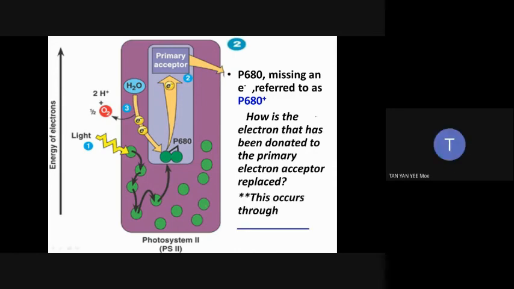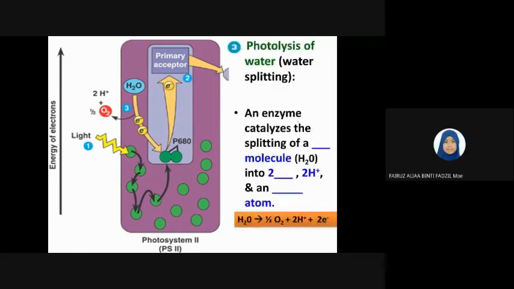Okay, how is the electron that has been transferred to the primary electron acceptor replaced? Photolysis of water, correct? So in photolysis of water, an enzyme catalyzes the splitting of a water molecule into two electrons, two protons, and an oxygen atom.